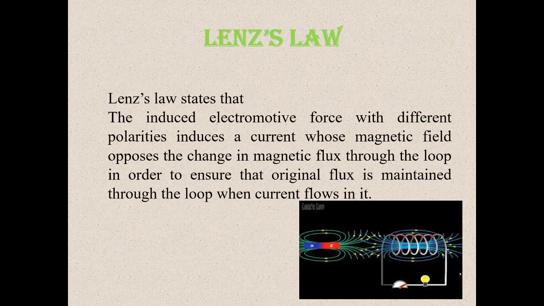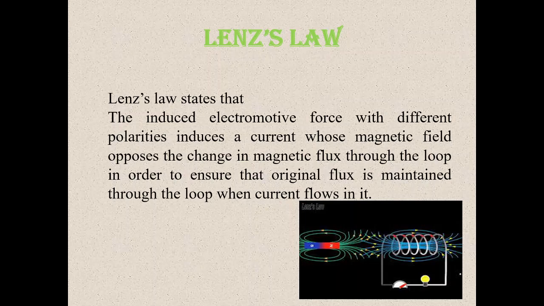Now we'll see Lenz law. What does Lenz law actually state? We have studied Faraday's law. Lenz law is similar to Faraday's law, but the only thing is we need to introduce a negative sign in the equation E is equal to N into d phi by dt.